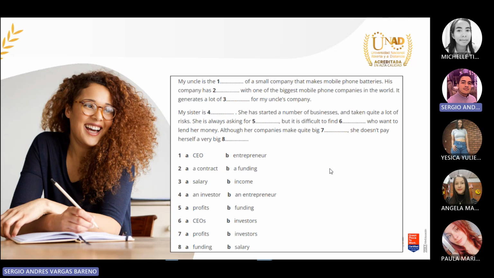Number three. Okay, with one of the biggest mobile phone companies in the world. It generates a lot of blank for my uncle's company. So it generates a lot of, could be salary, or letter B, income. Income.